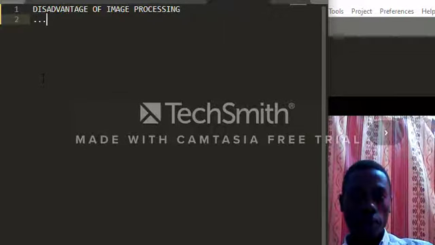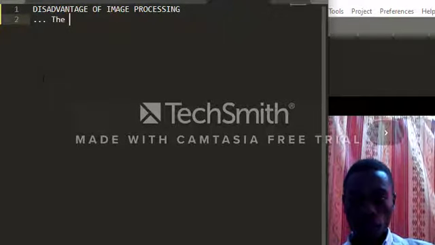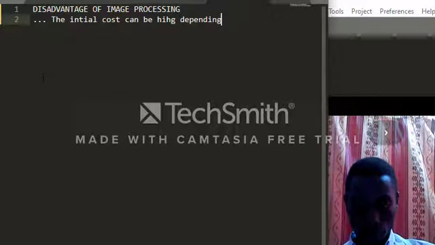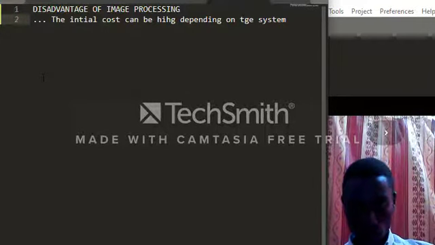So the first one is the initial cost of image processing can be high, depending on the system used.